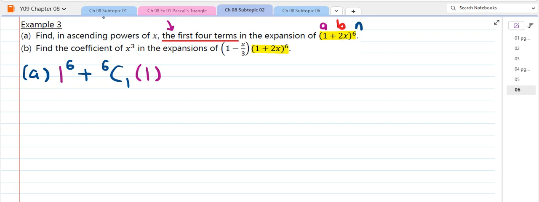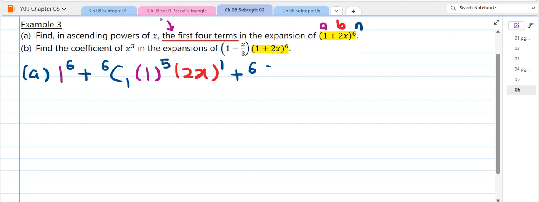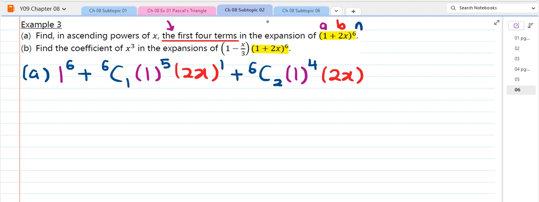The power of 6 will become the power of 5 in the second term, and as for b, which is 2x, it will be to the power of 1. And the next term, the third term, is 6C2, and 1 will be 1 to the power of 4, which is always 1, and then 2x will be to the power of 2.